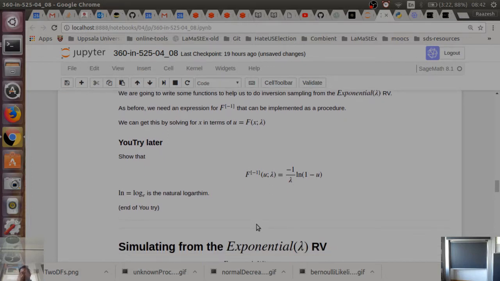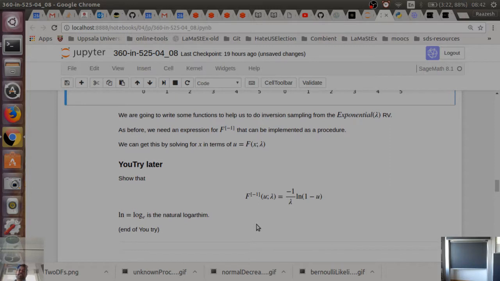So inversion is actually not that hard. You just have to set up a very simple equation like this. To solve for capital F of x, here's your basic equation. You set up u, the uniform number u in (0, 1), equal to the distribution function, and then you simply solve for x, because you want to go the other way.